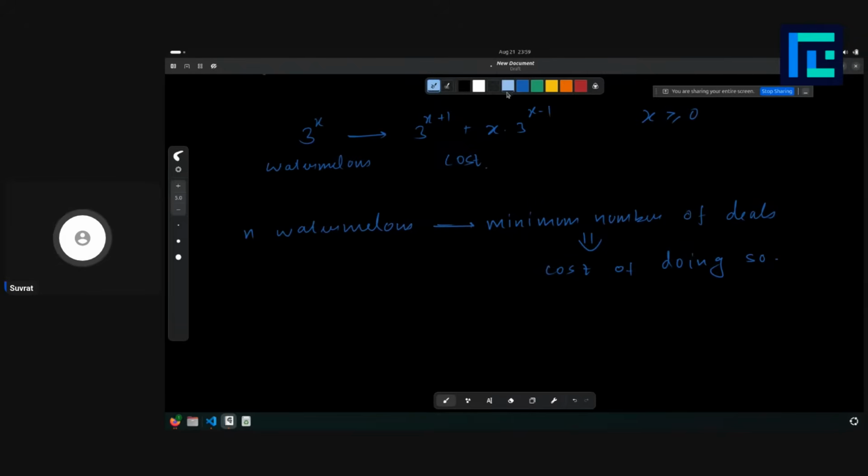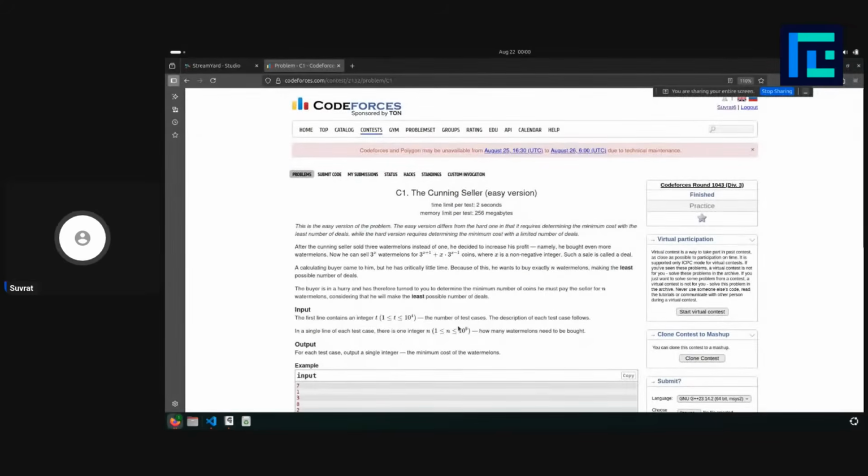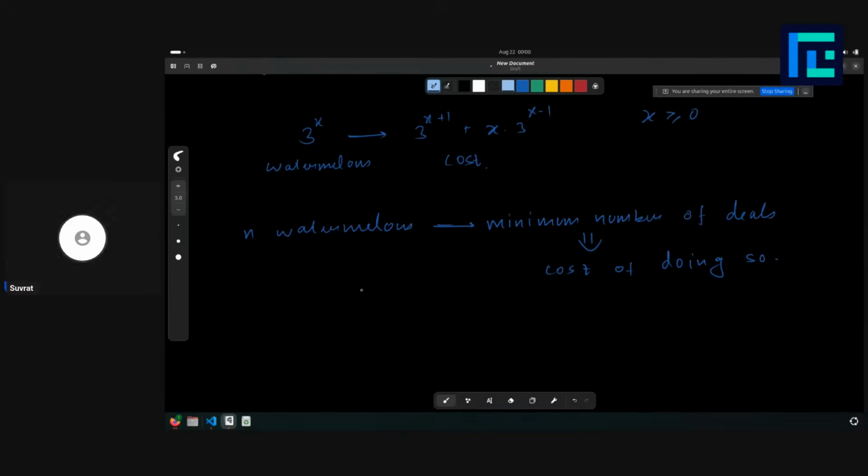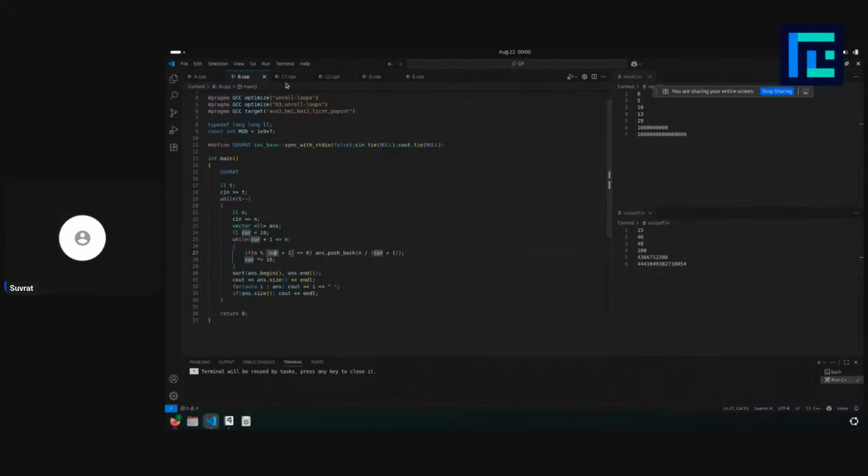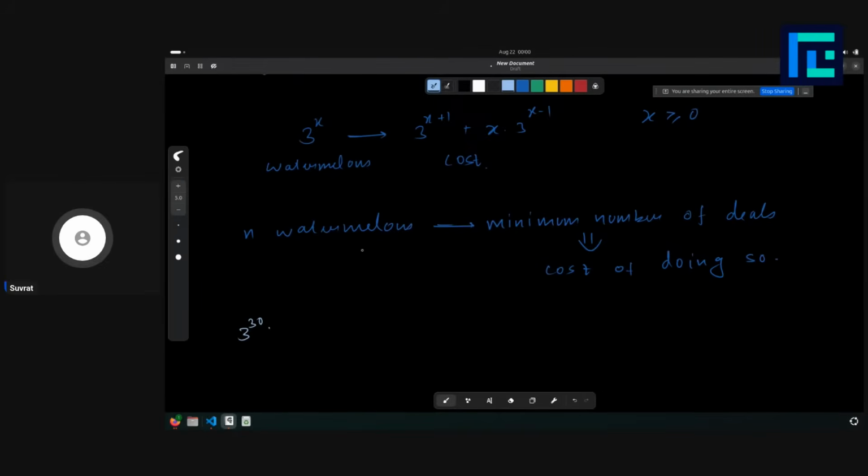So basically, since n is 10 to the power 9, right? Let's say that 3 to the power 30, I think, will exceed 10 to the power 9. Let me just confirm because I checked in my code. Okay, so 3 to the power 30 exceeds 10 to the power 9.